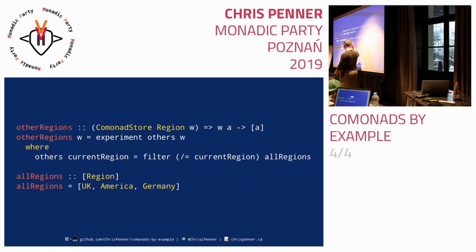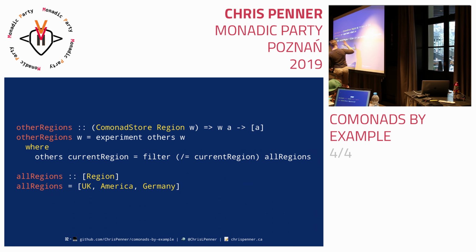So if I'm in the UK, we'll filter out the UK and we'll just get America and Germany. Now, this is a function from a region to a list of regions. Okay? Remember that experiment, I should have the type signature here, takes a function from its index type into some functor of indexes, and then replaces them all with values.